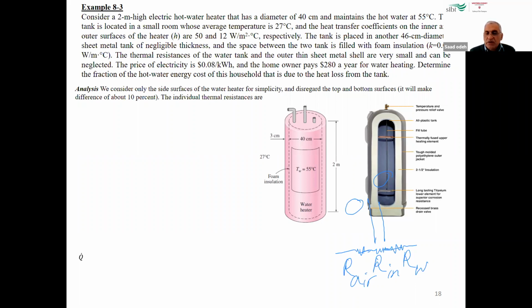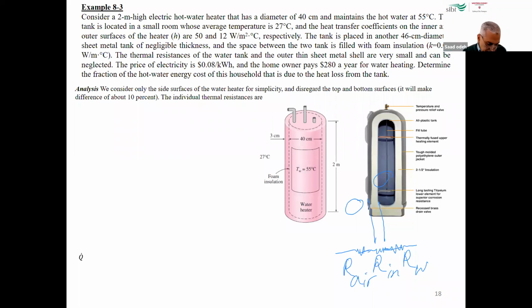Now the other question, is it a flat surface or a cylinder? Cylinder. That's right, cylinder. So if you know it is a cylinder, then immediately go to the formula sheet. R total. Yeah, we need to find the R total.